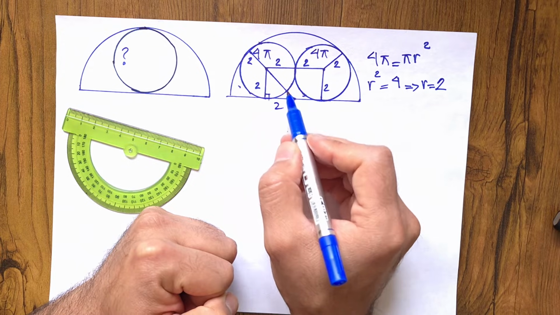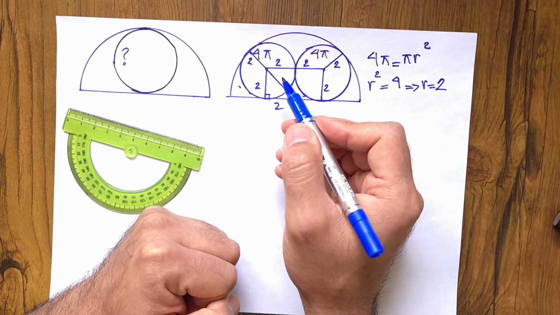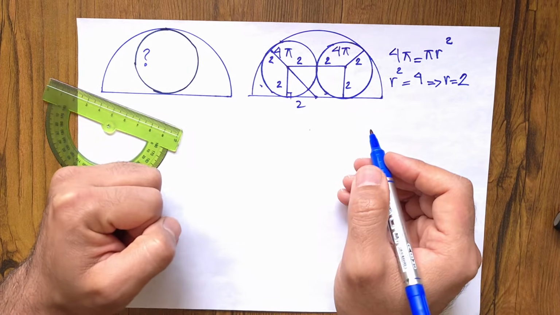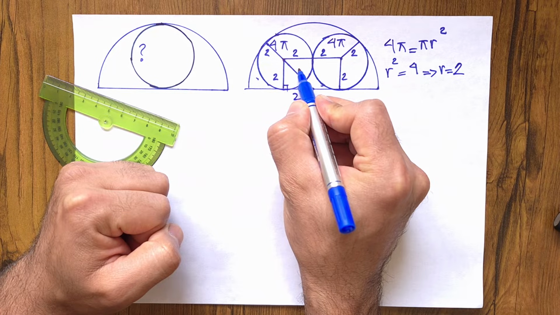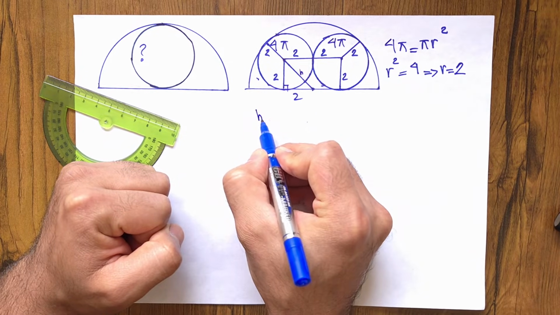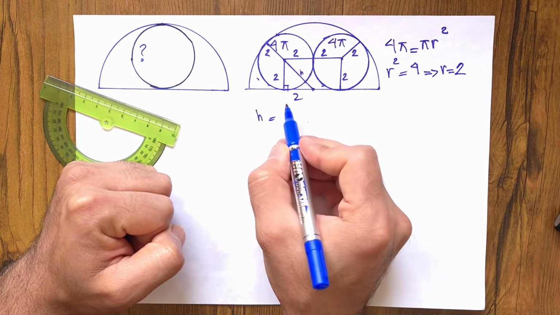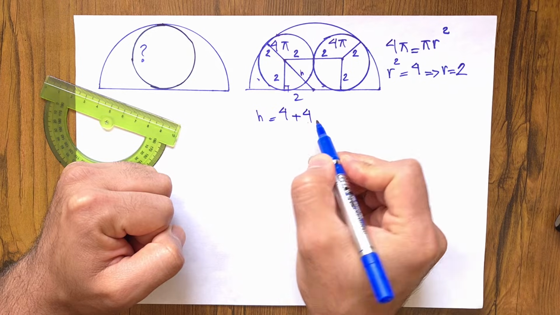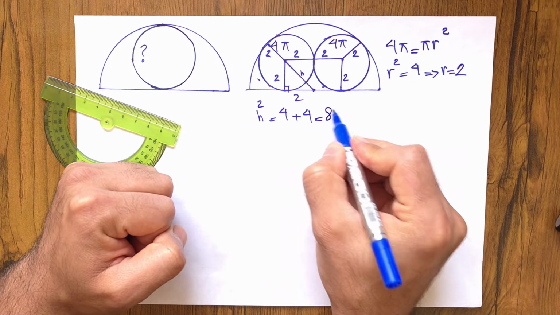So now we have a triangle here, and it is an isosceles right triangle. So 2 and 2, and then we can find the hypotenuse here. Let's name it h, for example. Using the Pythagoras theorem, h squared equals 2 squared, which is 4, plus 2 squared, which is 4, and that gives us 8.